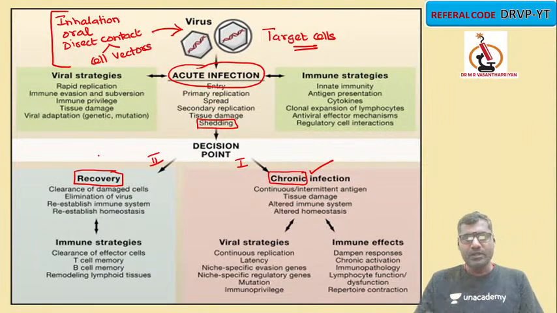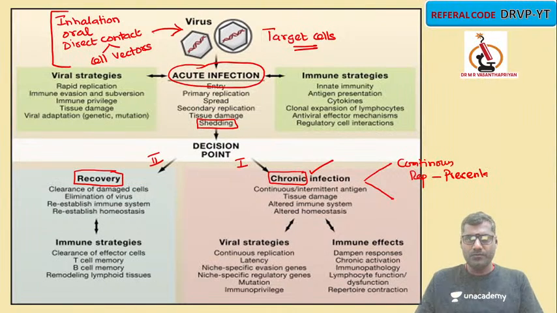Now if we come to chronicity, it can be divided into two further processes. One depends on continuous replication along with presentation. The second is continuous survival without presentation.